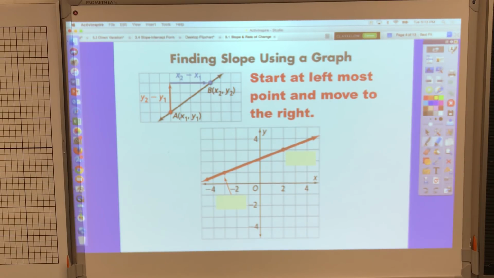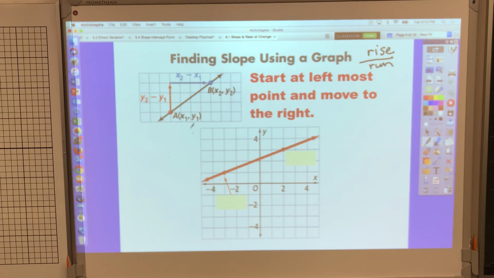Given a graph, the way we are going to find slope is by using that rise over run. Start at the point on the left side of the graph, and we move to the point on the right side of the graph.